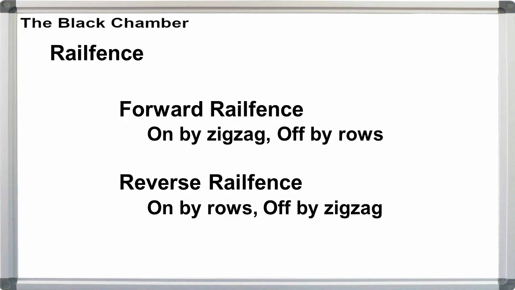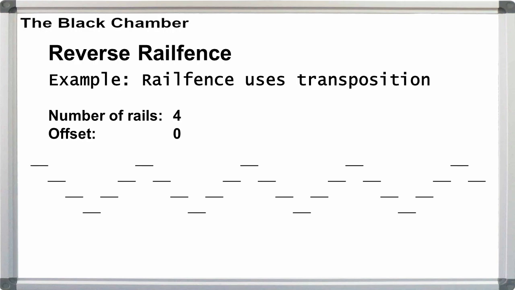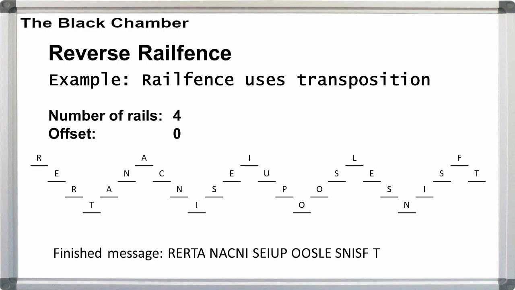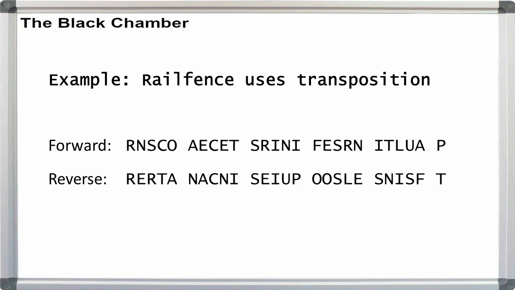Example: Railfence uses transposition, number of rails 4, offset 0. Using the same message and same number of rails and offset, forward railfence and reverse railfence give us two different cryptograms.